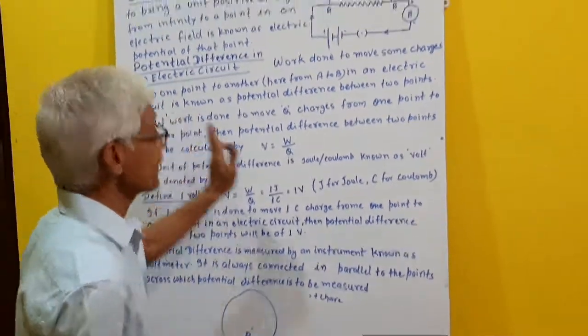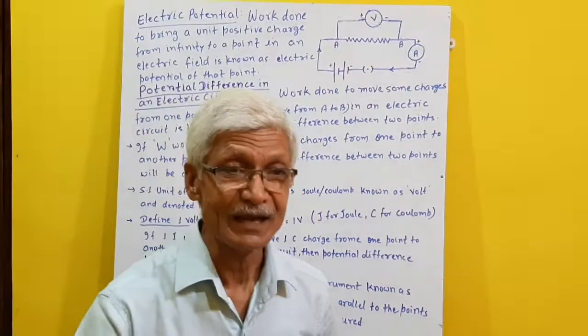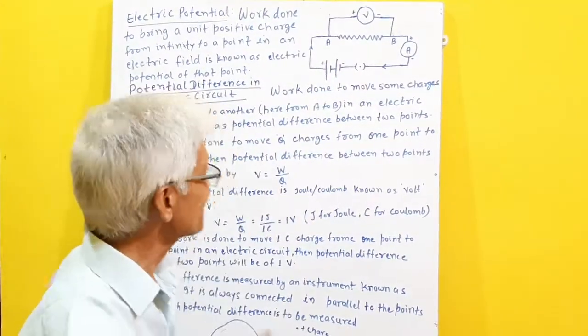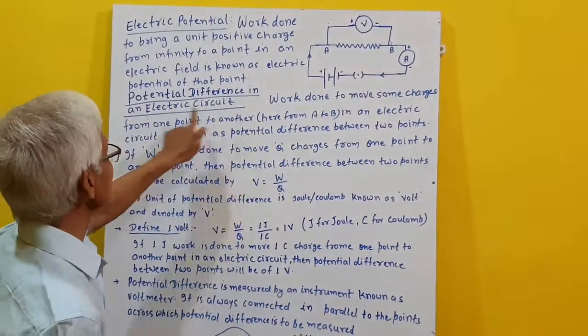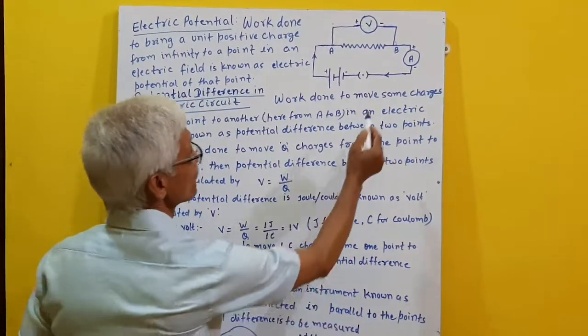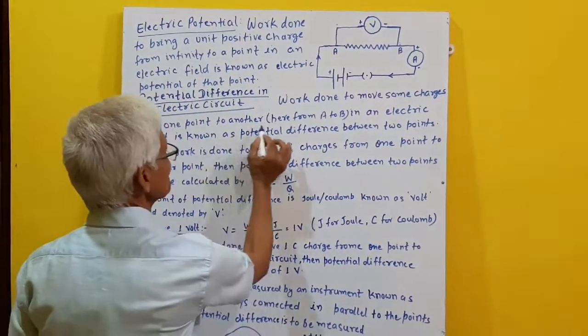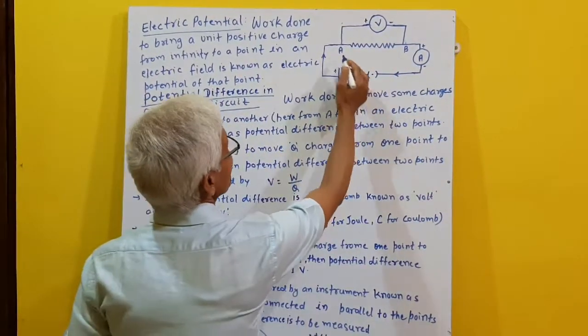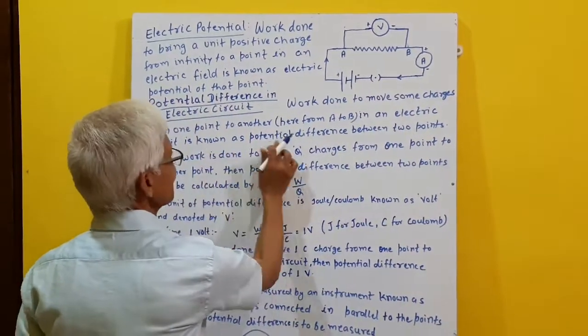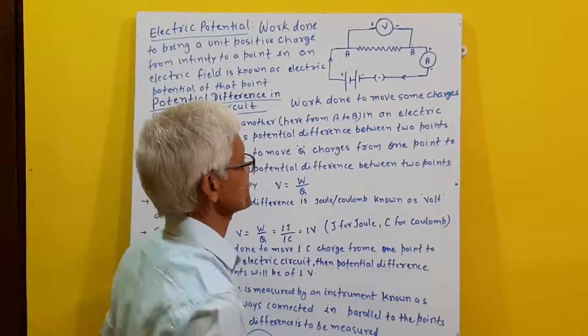But potential difference in an electric circuit is slightly different. Actually, potential difference in an electric circuit is the work done to move some charge from one point to another. Here, it is from A to B. In an electric circuit, it is known as the potential difference between 2 points.